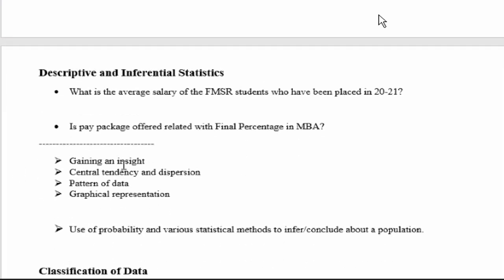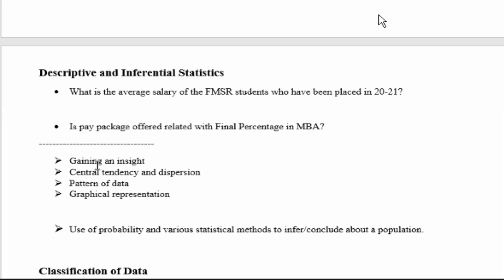In brief, descriptive statistics is about gaining an insight into the system, into the population, into the group. Then we can analyze in the form of central tendency and dispersion. We may also be interested in the pattern of response data.